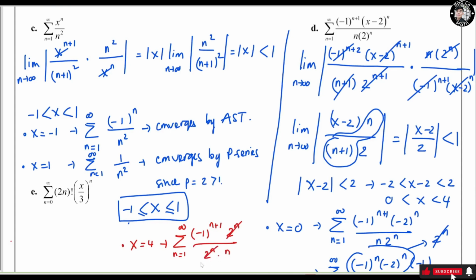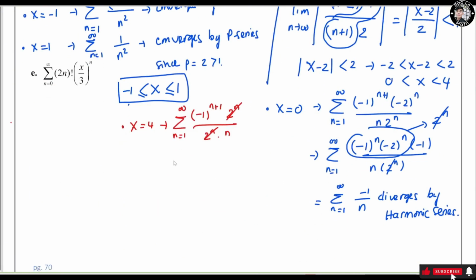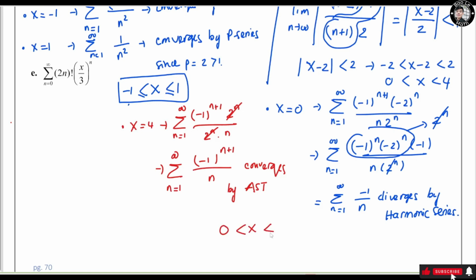This cancels out, so we end up with the series (-1)^(n+1) over n, when n goes from 1 to infinity. This series converges by the alternating series test. So we conclude the interval of convergence is 0 less than s less than or equal to 4. We need to include the endpoint 4. This one is the final answer.